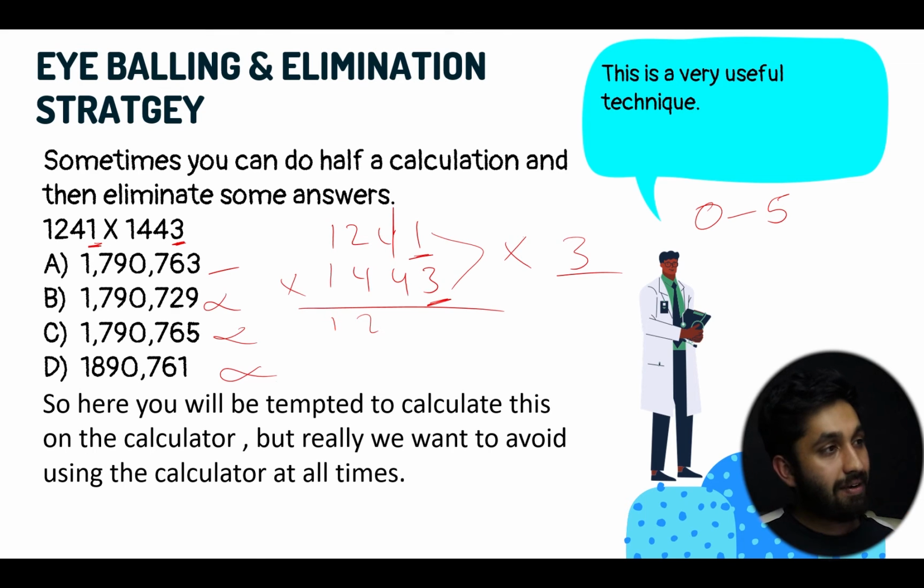But if one of the digits is 1, the other number can be any number, because obviously 1 multiplied by X will give you X. It's as simple as that. So make sure it's a number between 0 and 5, or make sure one of the digits is 1, and you should be able to eliminate your answer. And if you can come to an answer a lot more quickly, then that's really good.